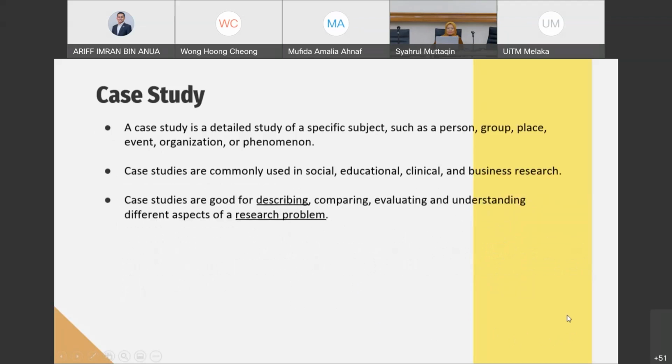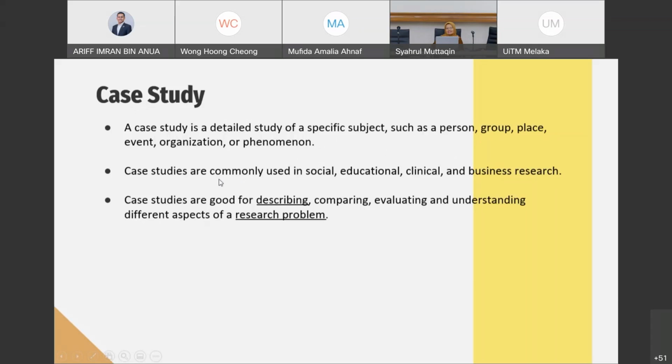And then, ladies and gentlemen, now we come to the next, that is case study. Just like the title, it is case study. So the study will be focused on the case, one single case. It is a detailed study on a specific subject, of a person, a group of people, event, organization, or phenomenon.